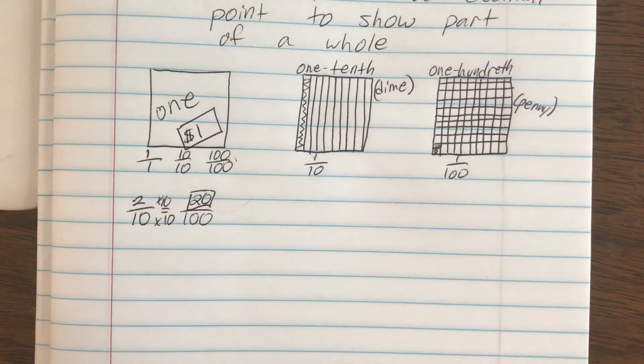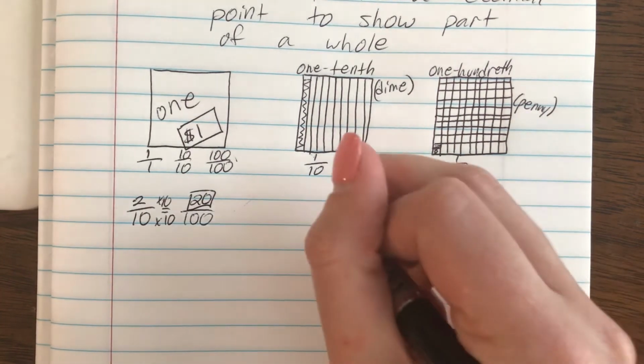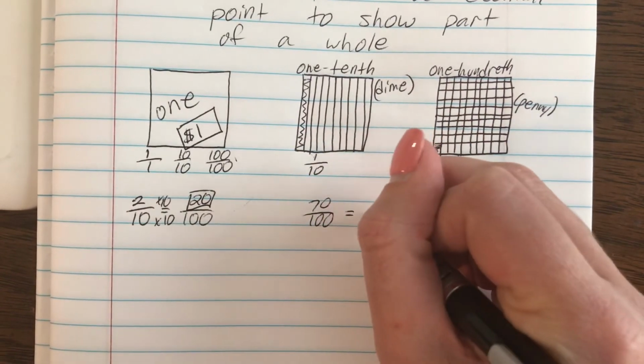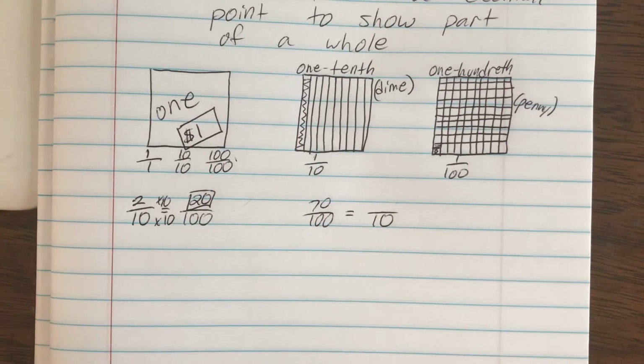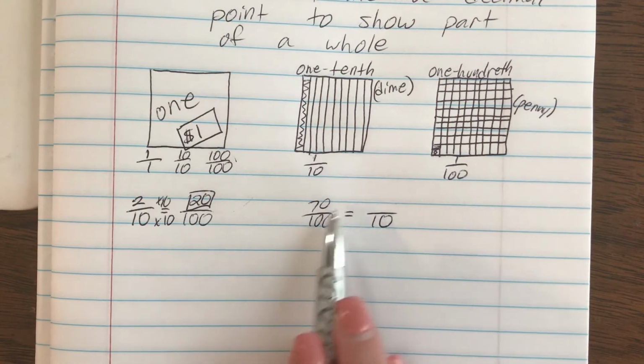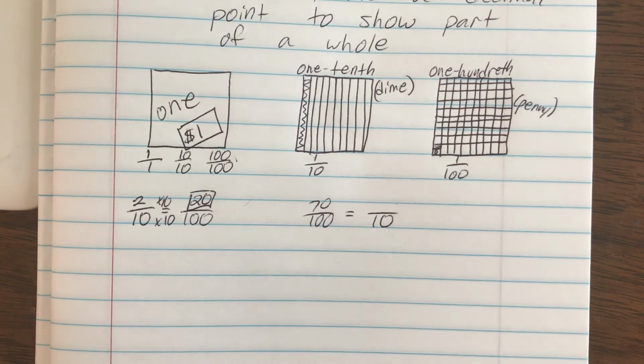Now on the other side of things, let's say that you were given 70 hundredths and it wanted you to turn it into tenths. Instead of multiplying to get to a bigger value, you're going to be dividing. Again, they are equivalent. They're going to be the same thing. They just look and are represented a different way.